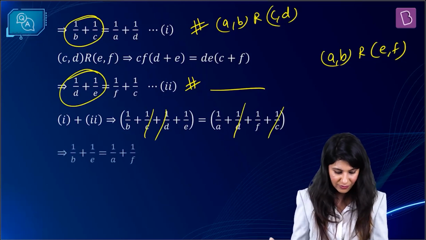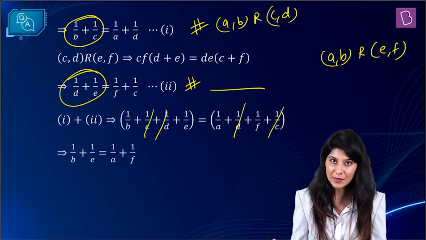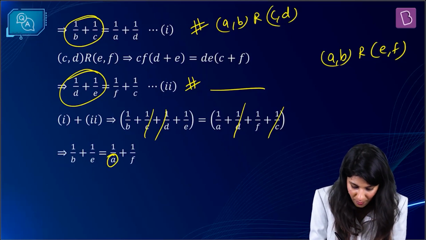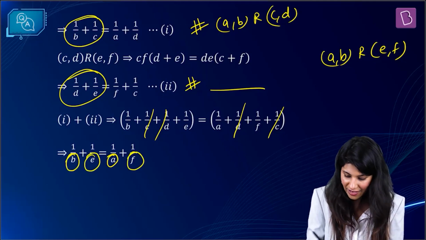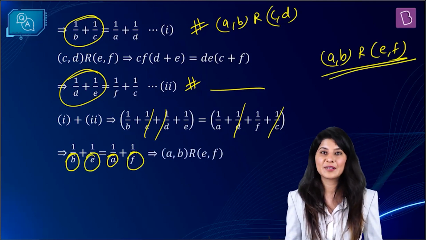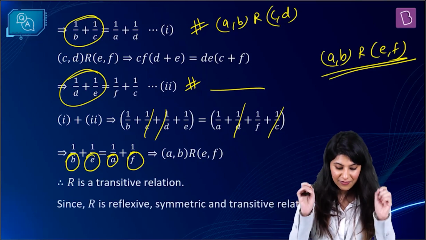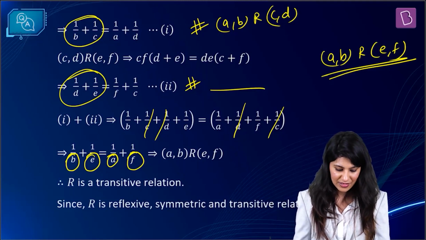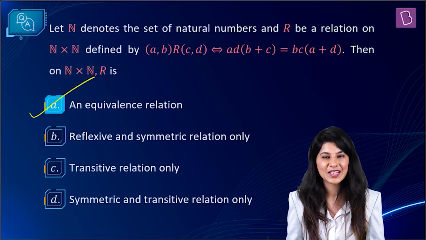So I am left with 1/B + 1/E = 1/A + 1/F. That means (A, B) is related with (E, F). That's what we were looking for. Hence, this is a transitive relation. If it is reflexive, symmetric and transitive, hence it is an equivalence relation, which is exactly matching with option A. Got it?